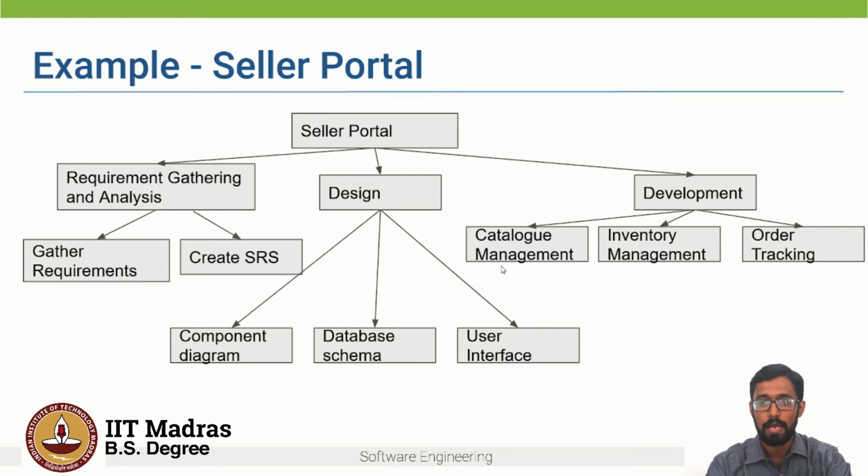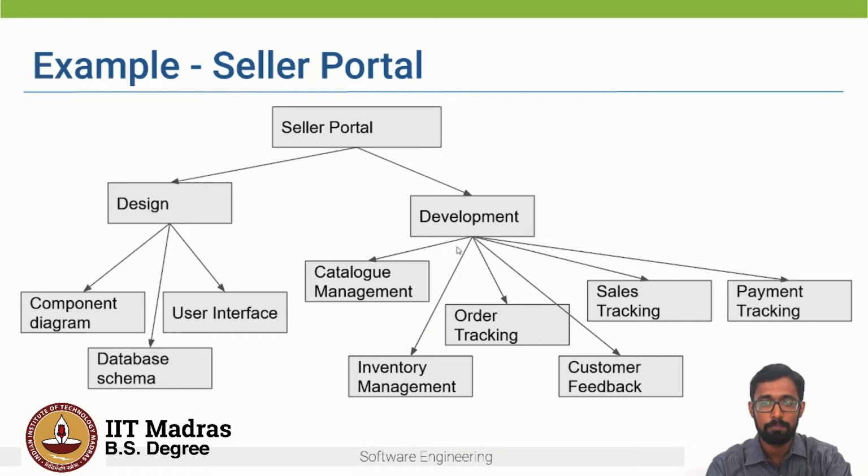So, for example, some people will start working on the component diagram, others will start working on the database schema. And if we look at just the design and the development, we can see that in the design, you create the component diagram, the database, the user interface, and the development involves all the modules or the requirements which we identified in previous videos.